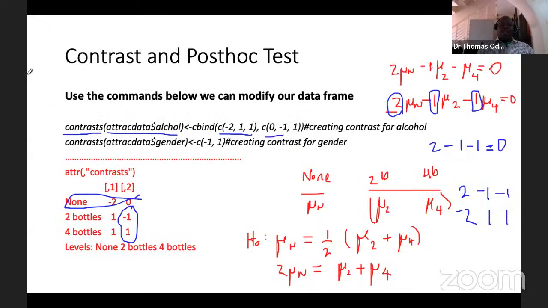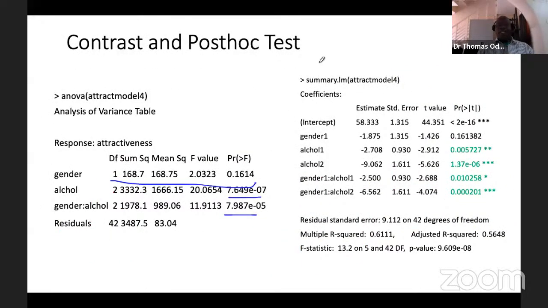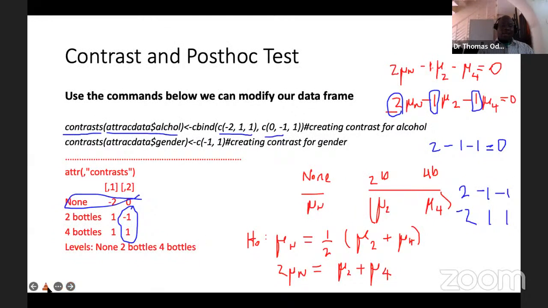After doing the same thing, but with the contrasts already in, if you use the command summary.lm, it's going to give you something that looks like this. Here you have your gender 1, which is the one comparing male and female, and remember, gender 1 comparing male and female was not significant. Now, alcohol 1 is this one here.